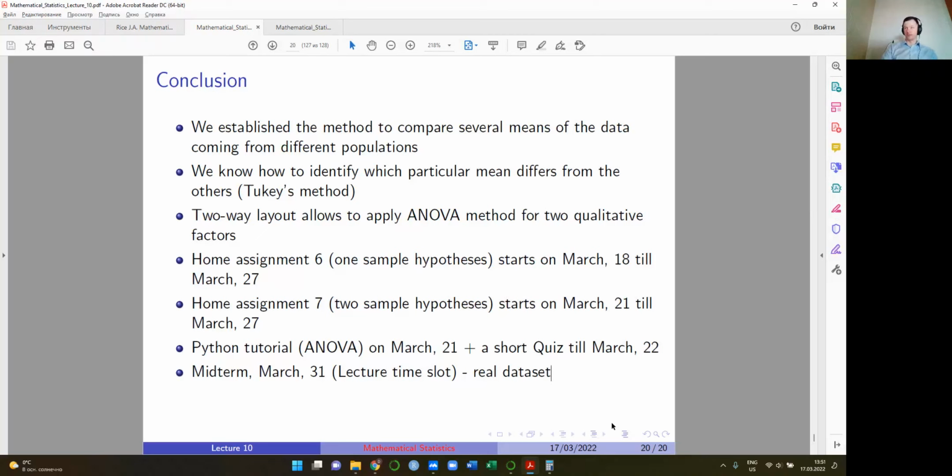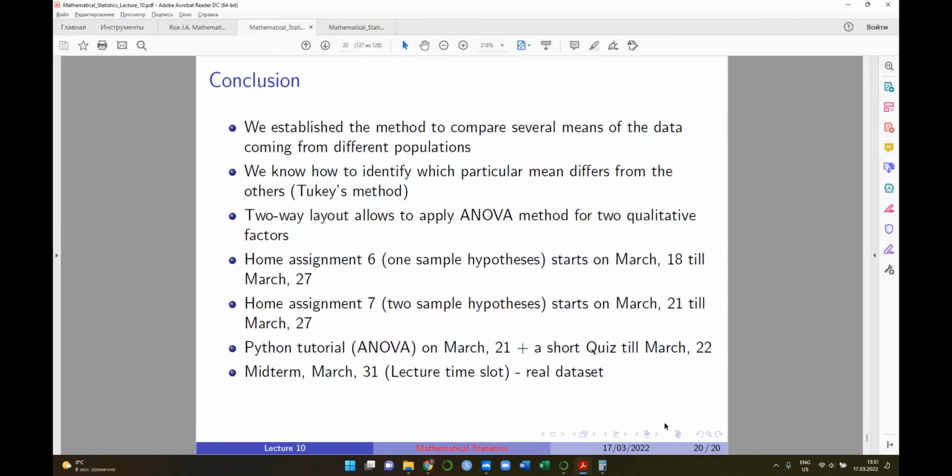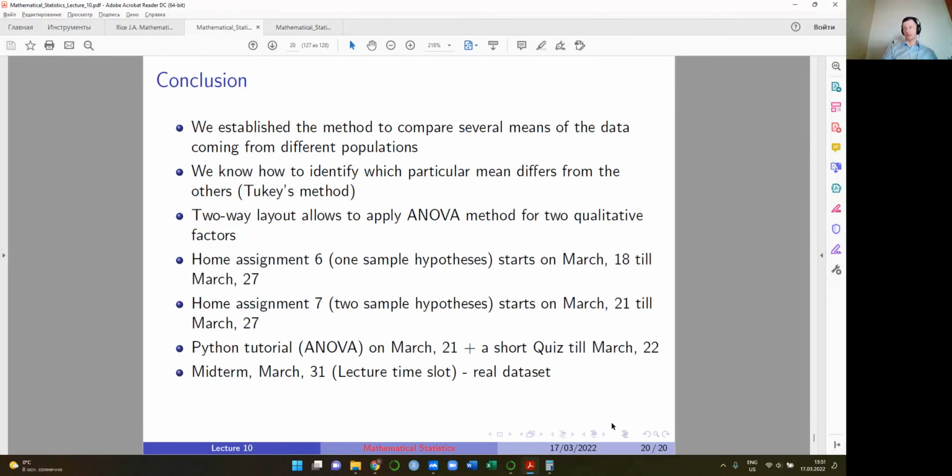What is going to be there? The midterm will include basically everything that we know about hypothesis tests: 1 sample tests, 2 sample tests, and ANOVA.